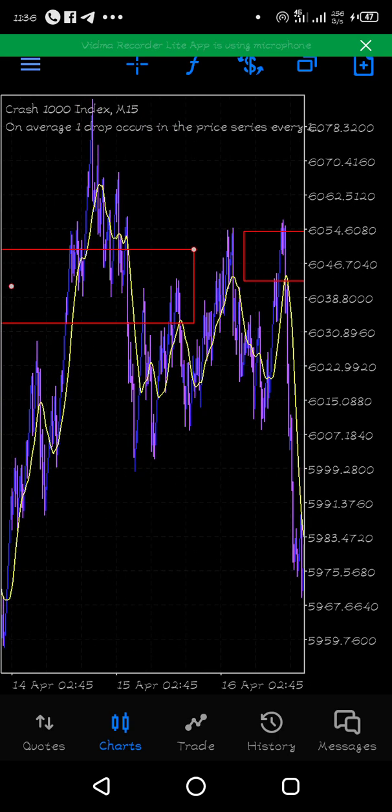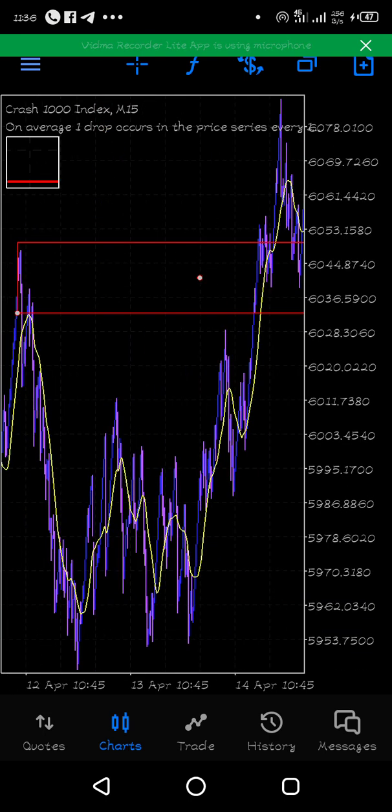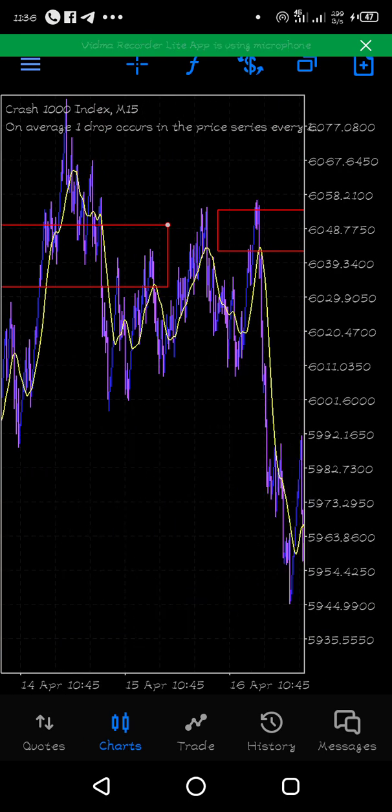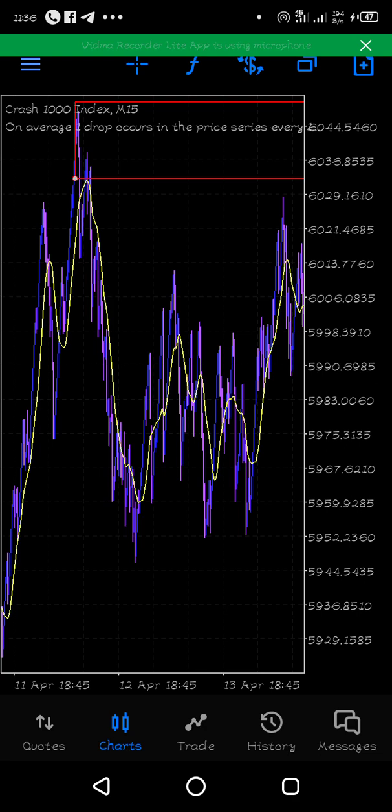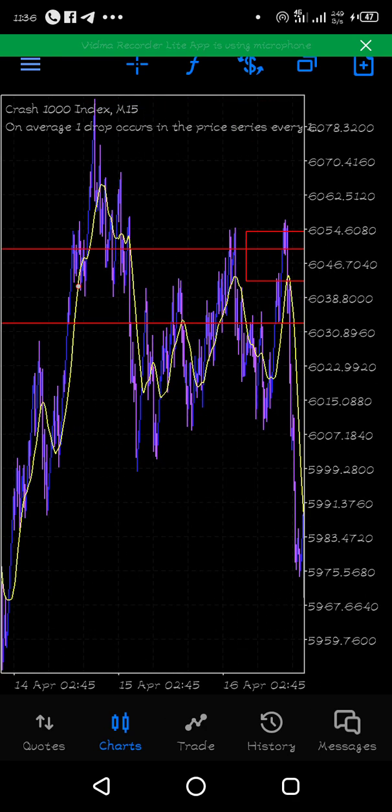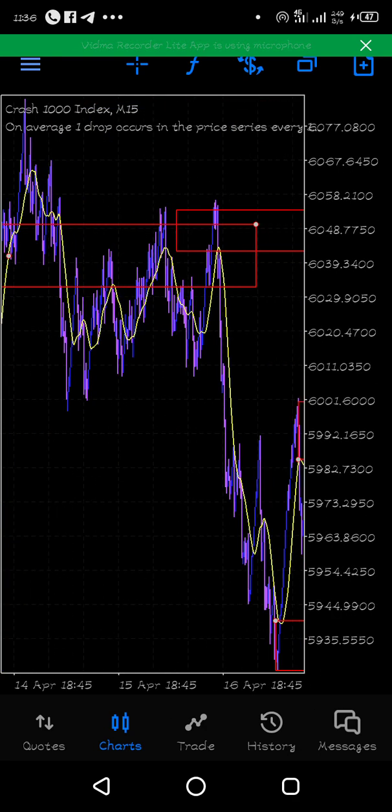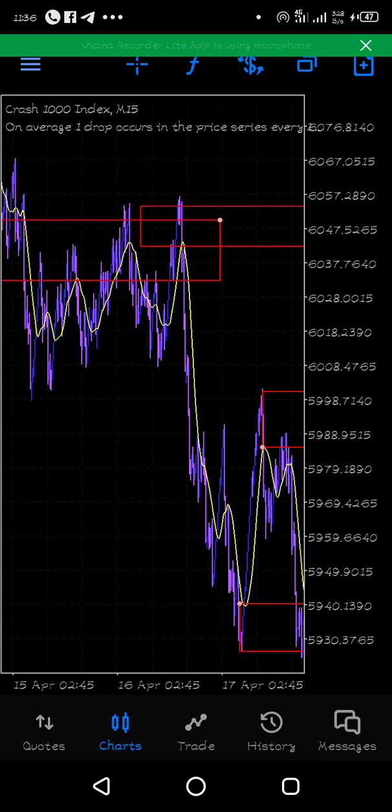Wow. If we move these zones forward, as you can see, the market came, broke this zone, could not move further. It came back and rallied a little bit beneath the zone before it started selling.